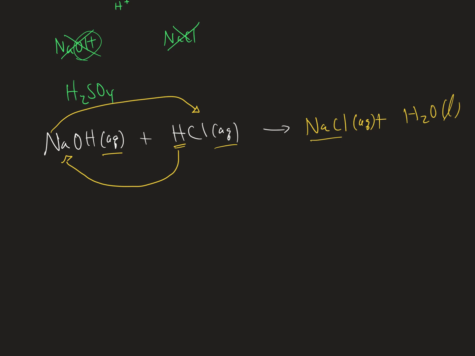For all double replacement reactions, we should be able to write a net ionic equation. Can anybody write this net ionic equation from what you learned just a minute ago? What's the product? Is this a product? How do you know? Because it's aqueous. It's still dissociated. It's not formed. Water is our only product.